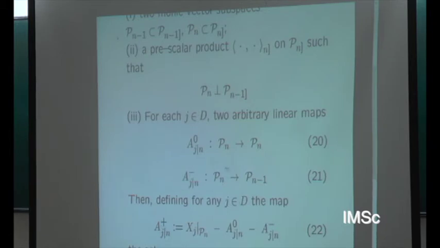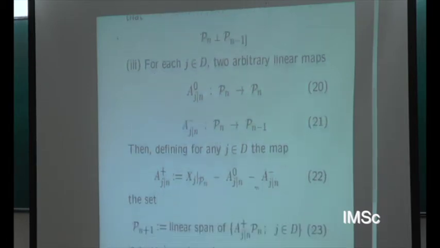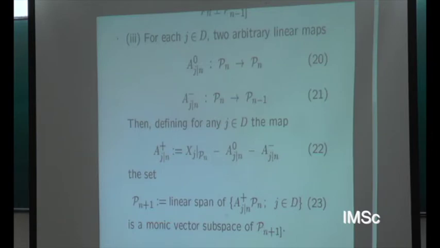The only condition I require is that A0 maps Pn into Pm. I don't care about self-adjoint. Then A minus maps Pn into Pn minus 1. The algebraic result is that.